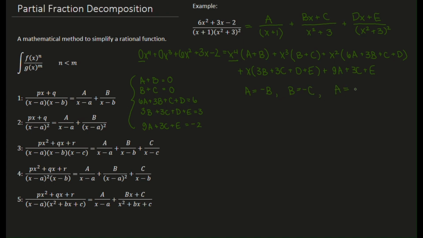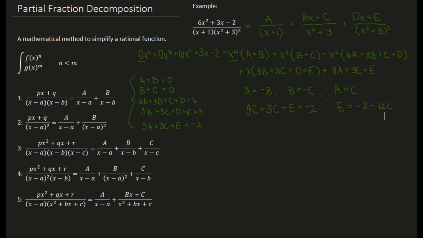From the last equation, because I know a equals c, instead of writing a, I'm going to write c, so 9c plus 3c plus e equals -2. So e equals -2 minus 12c.